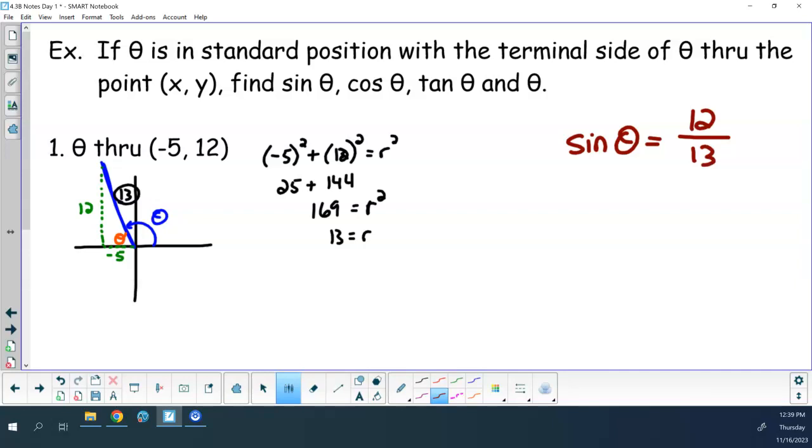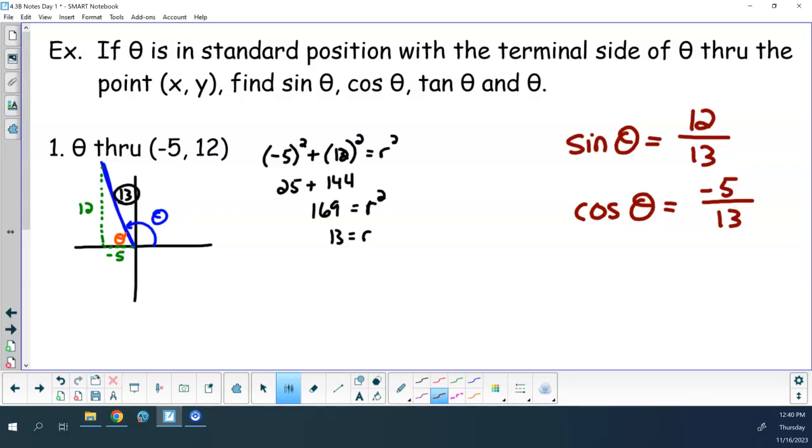The cosine of my angle would be -5 over 13. Is cosine negative in quadrant number 2? Yes. Which is why I like to put my negative sign right on my picture. Because then that reminds me that it's got to be negative also.